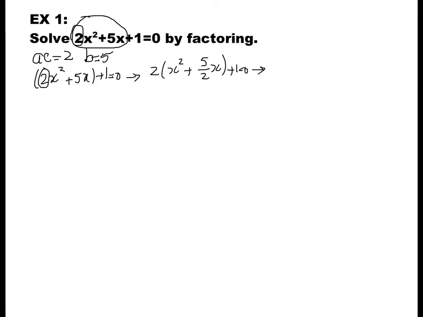Now I'm going to add and subtract half of 5 over 2, squared, inside the bracket. So I'm going to get 2 times x squared plus 5 over 2 x. Half of 5 over 2 is 5 over 4. Squared is 25 over 16. And subtract 25 over 16. And then plus 1 is equal to 0.